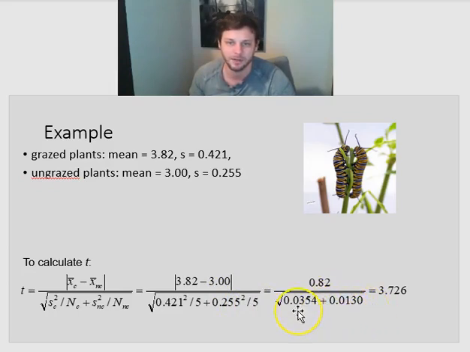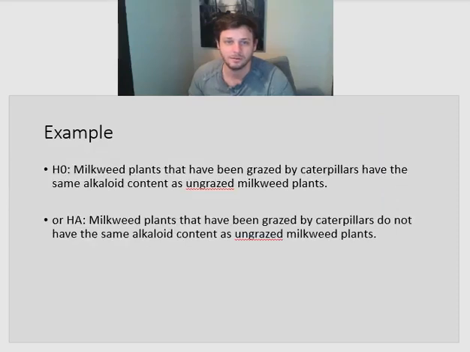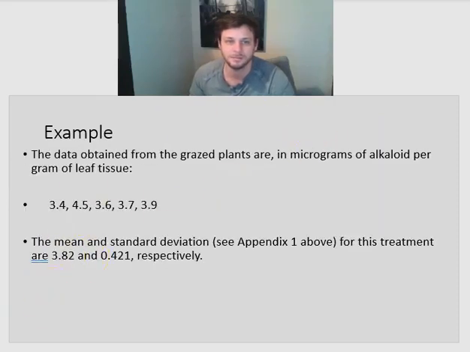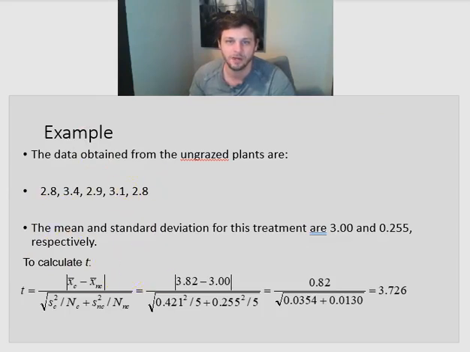Add those together, you're going to get 0.0484. Take the square root of that, and then 0.82 divided by that square root will give you something close to 3.726. Try it using these numbers and see if you come out with something close to 3.726.